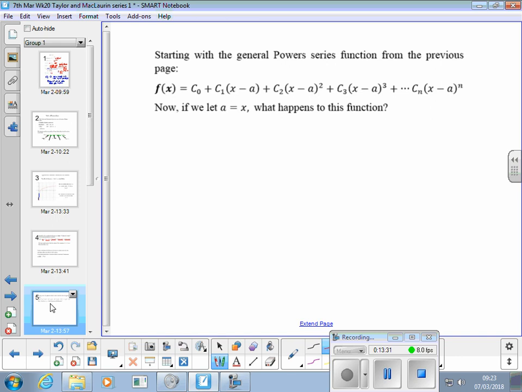Right. If we take that general form, the general power series from the previous page, and we let x equal a, what happens to that function? What do we end up with?